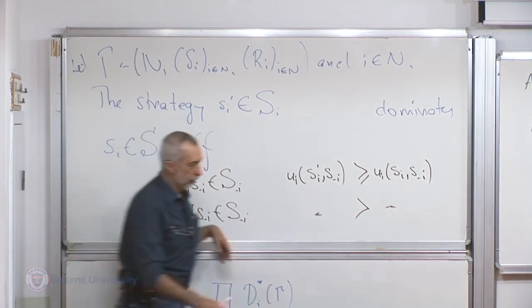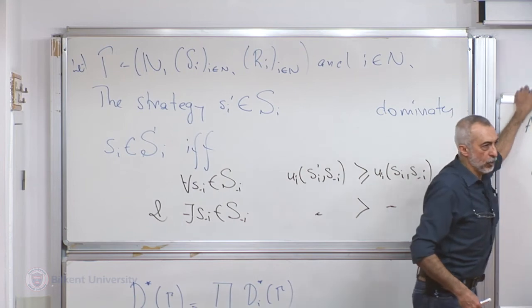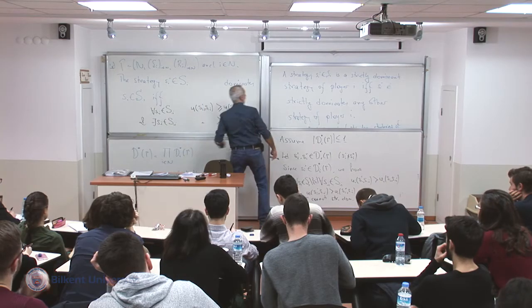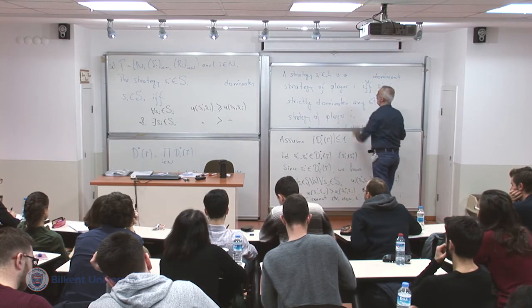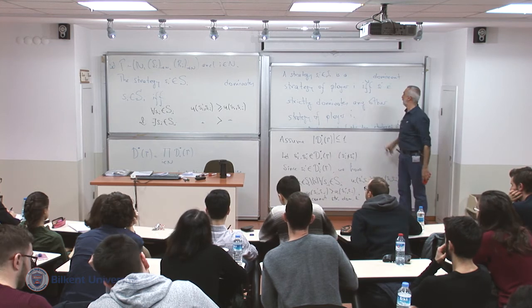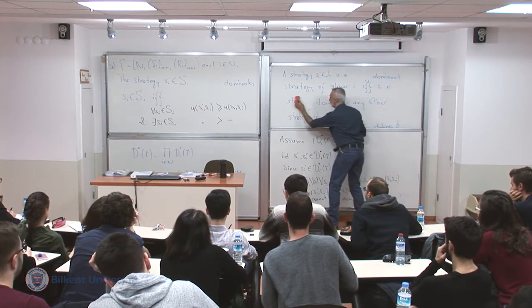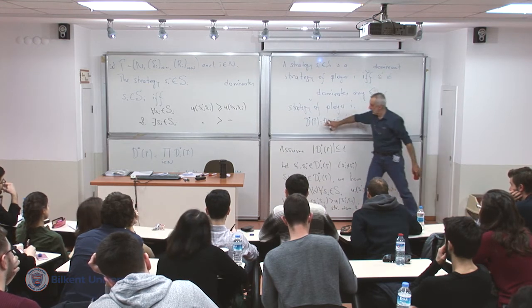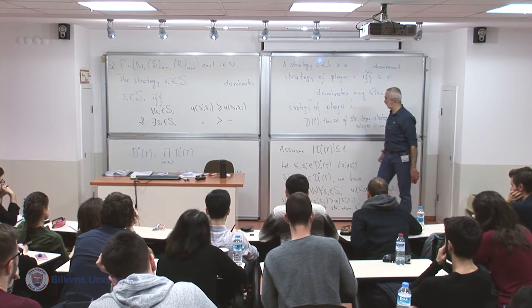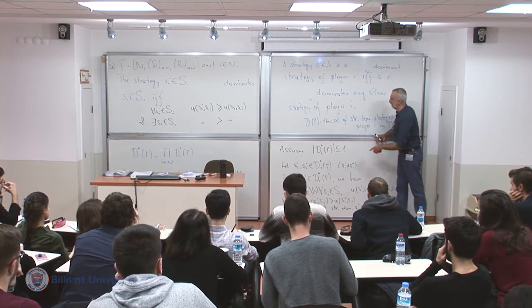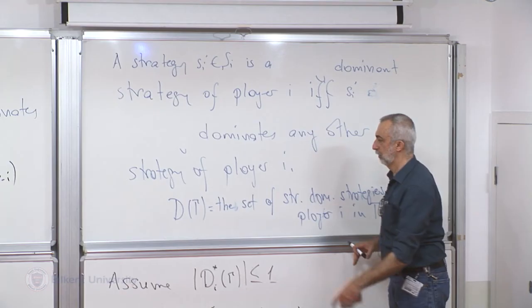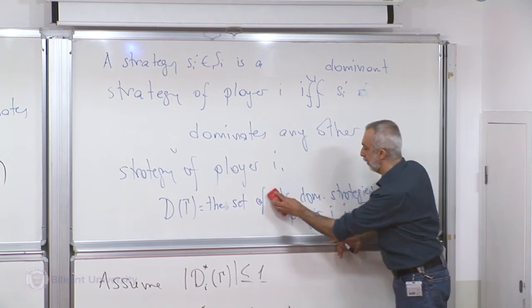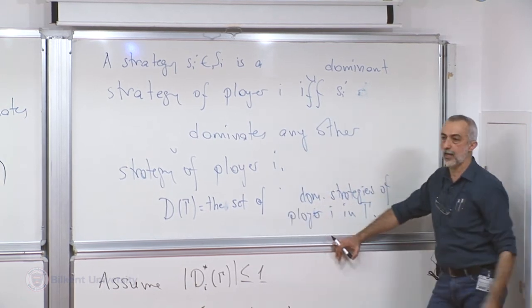All we're doing is relaxing the condition, and then we say that a strategy s_i' is a dominant strategy of player i if and only if s_i' dominates any other strategy of player i. We'll remove the star from here. So that will be the set of dominant strategies of player i.